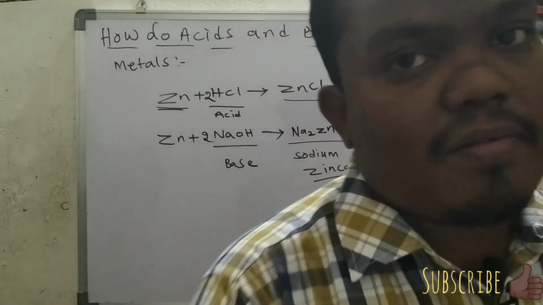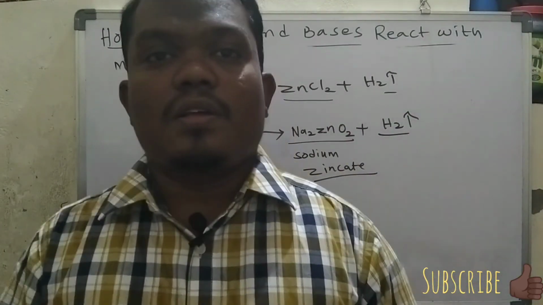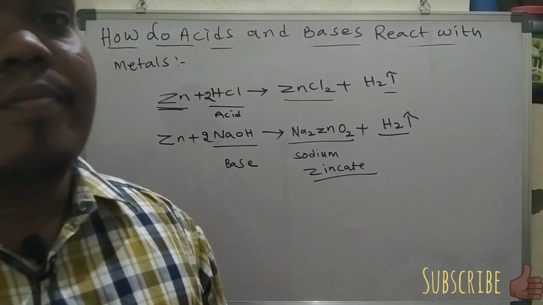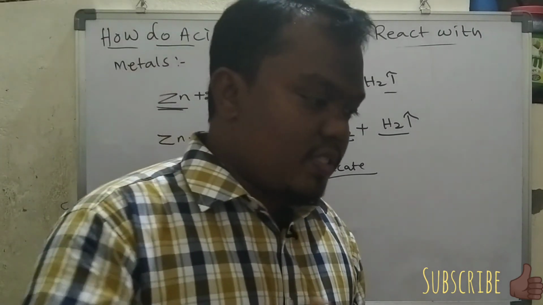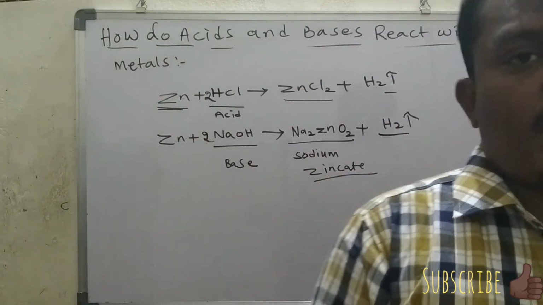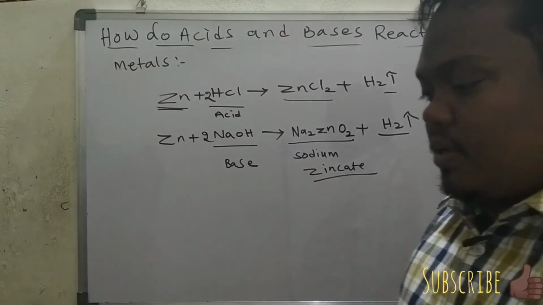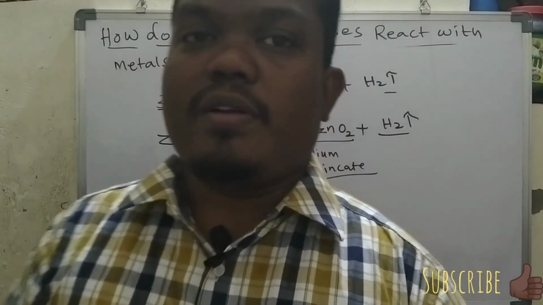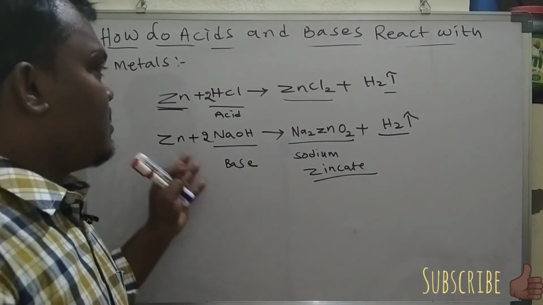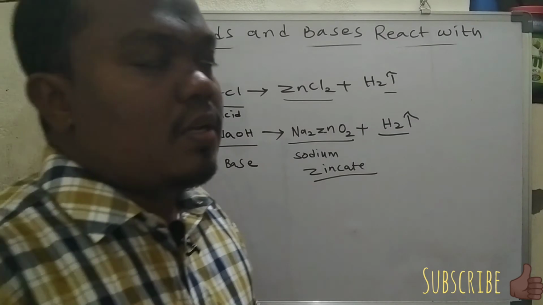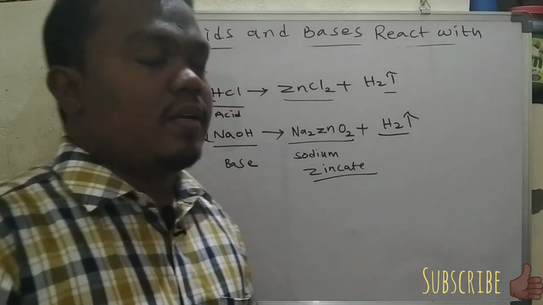You should remember one thing here: not all metals which react with acids will give such reactions. Very few metals give hydrogen liberation. Generally, when a metal reacts with acids, it gives salt and hydrogen gas.